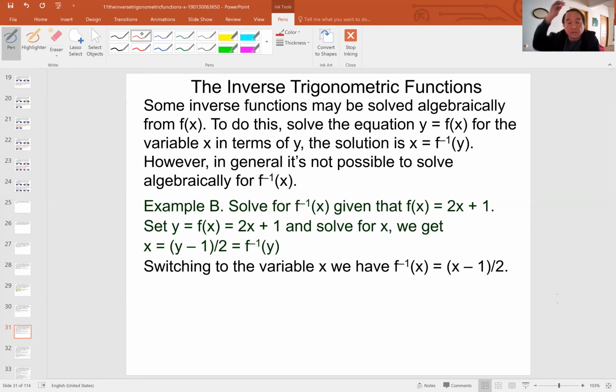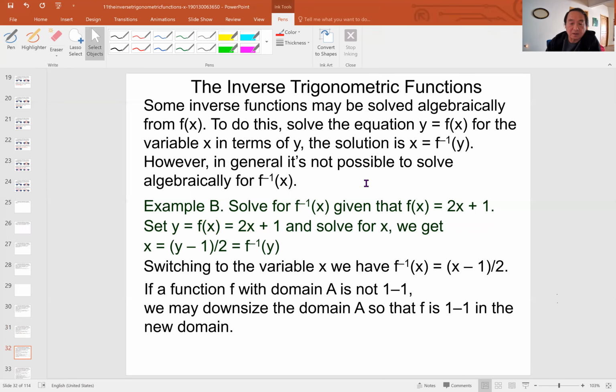A lot of times we switch the variable when we write the inverse, because this letter y is really a dummy variable; I can use any variable I want to, since in general we talk about functions as functions of the variable x. So we therefore talk about f inverse of x. Strictly, f inverse is a function of y, but we treat f inverse as a function of x.